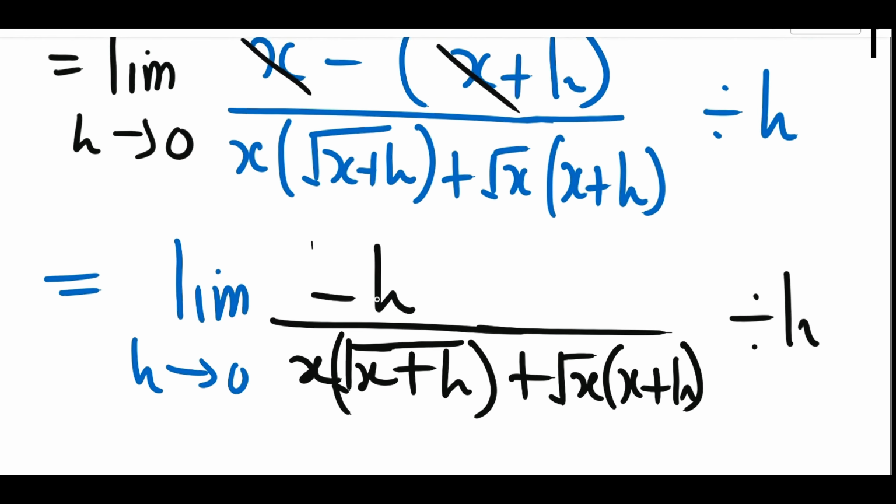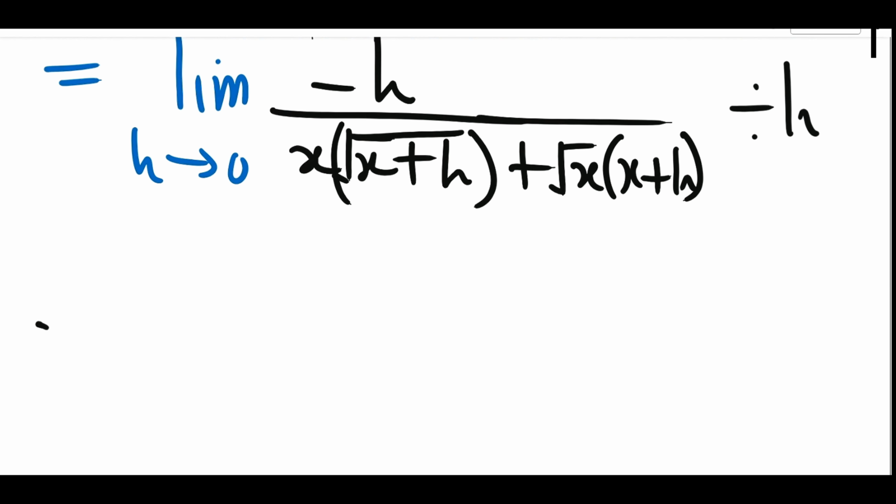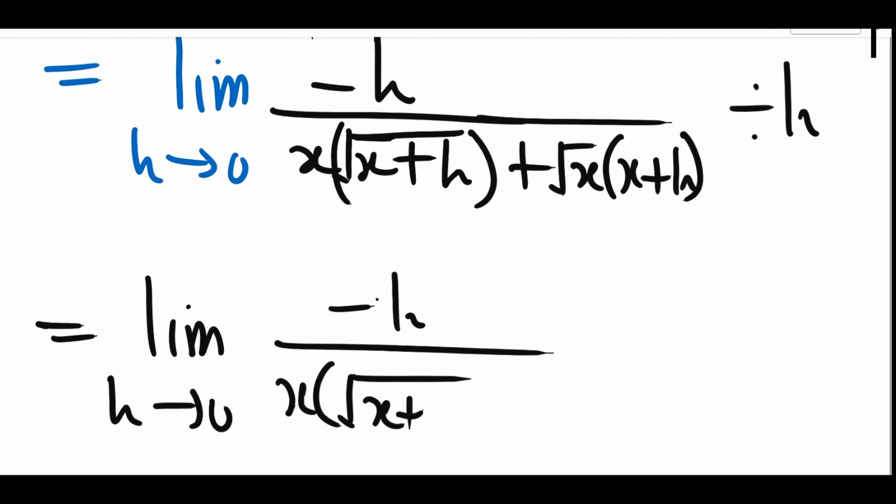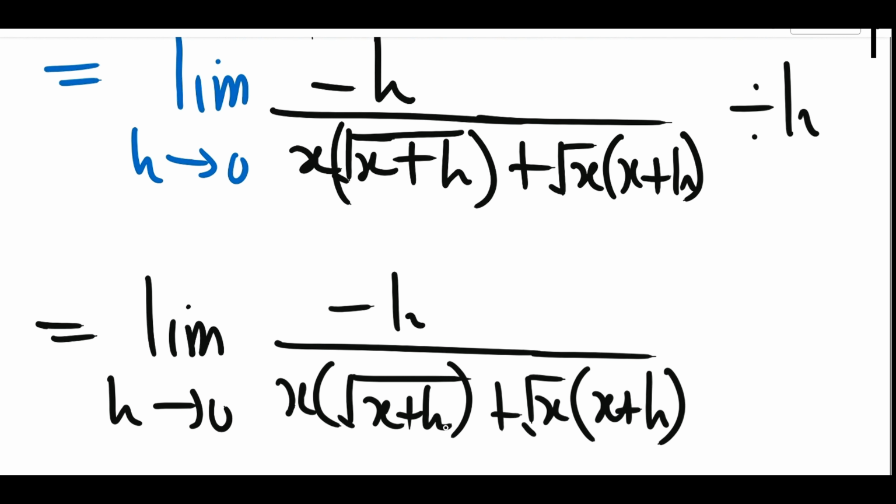Right. So we continue to simplify. This will give us the limit as h approaches 0. We have negative h here. Then the denominator will be the same thing, x times the square root of x plus h plus square root of x multiply x plus h in bracket, times 1 divided by h.